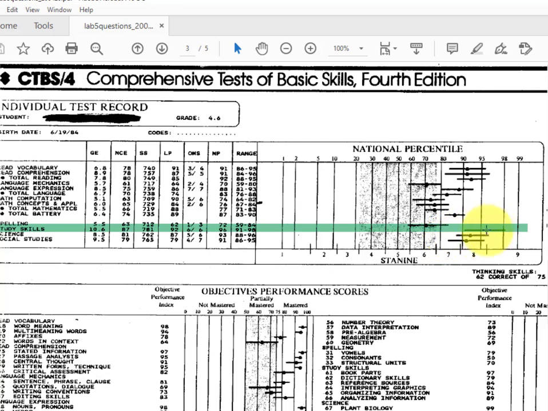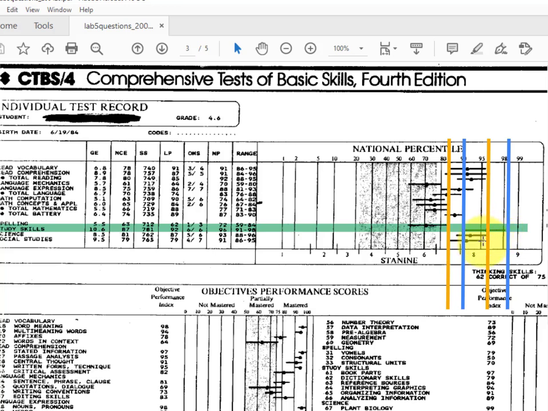However, let's look at this one right here. In this one, which is study skills, the student scored a 96. They believe that the student's true score is a 96. The highest their score could be is as high as a 98 and as low as a 91. Okay? And as a reminder, their social studies score was a 91, but they could score as high as a 95 and as low as an 86.